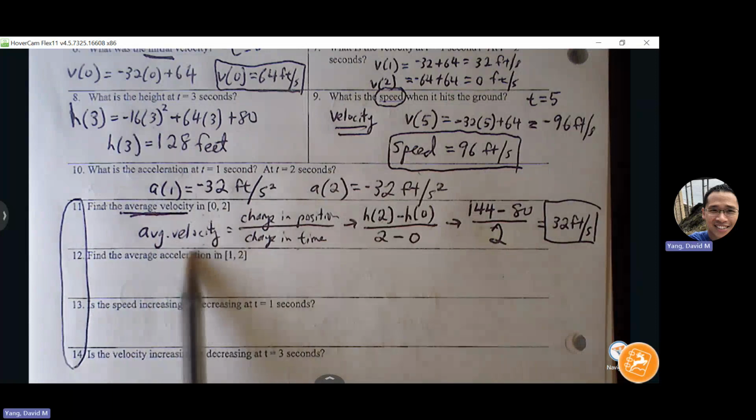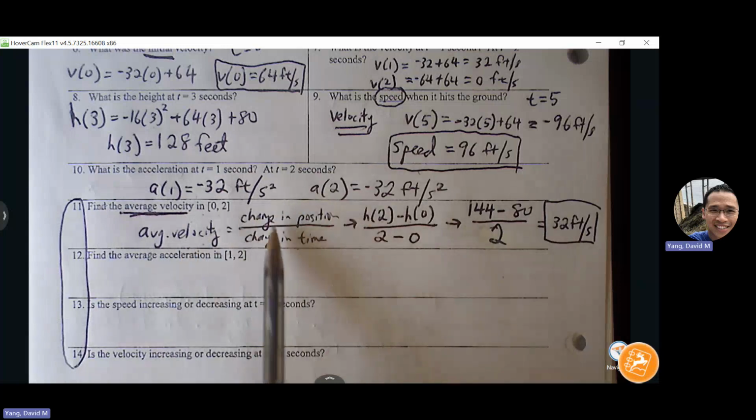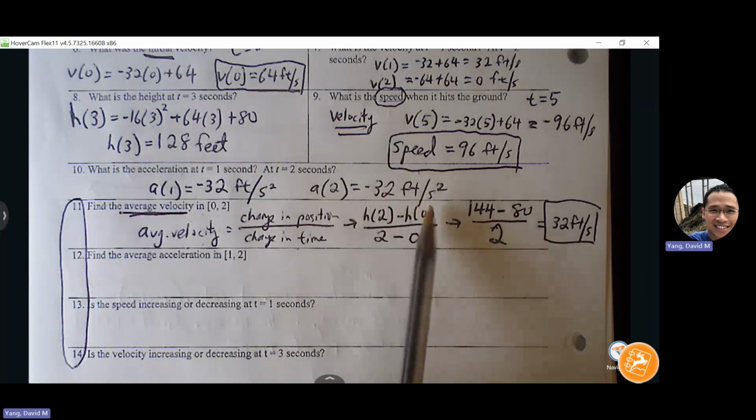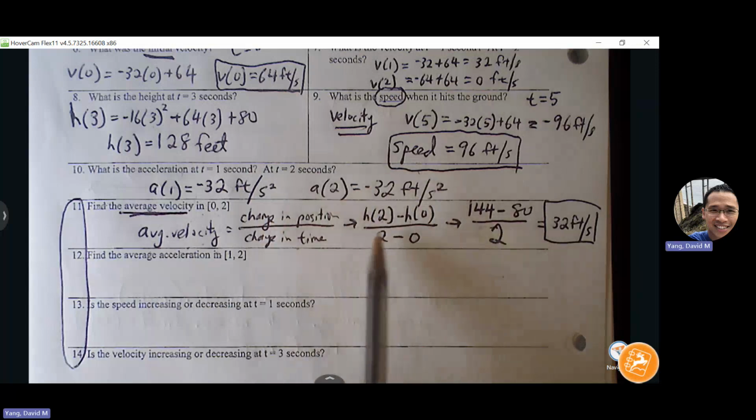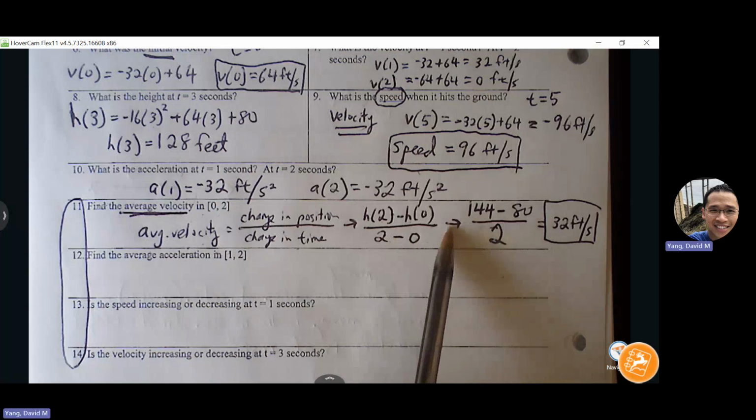I just want to give an example of why we don't ever have to touch the velocity. Let's say you were on a trip and you knew that the trip took 300 miles, traveling over a course of 5 hours. 300 divided by 5 is 60 miles per hour.